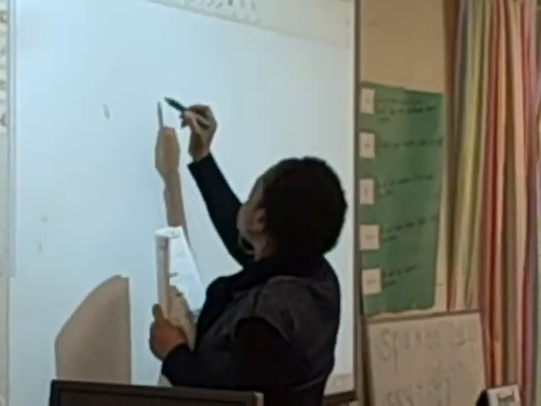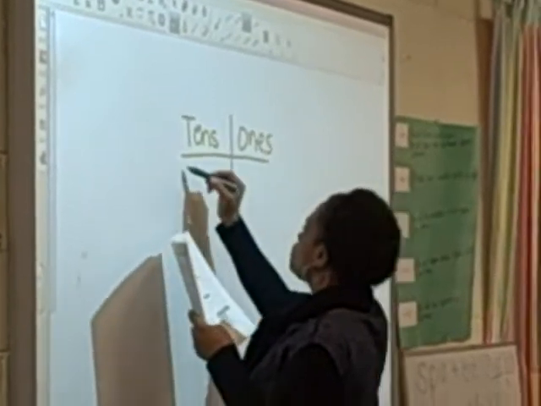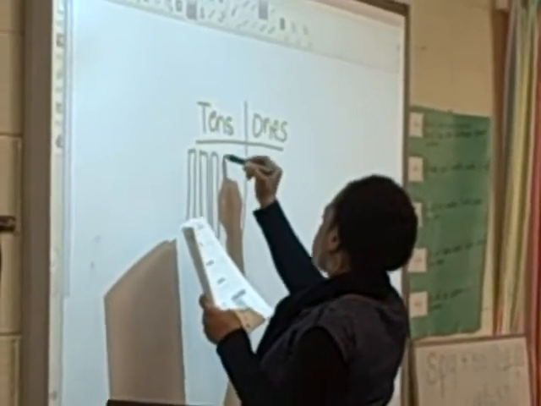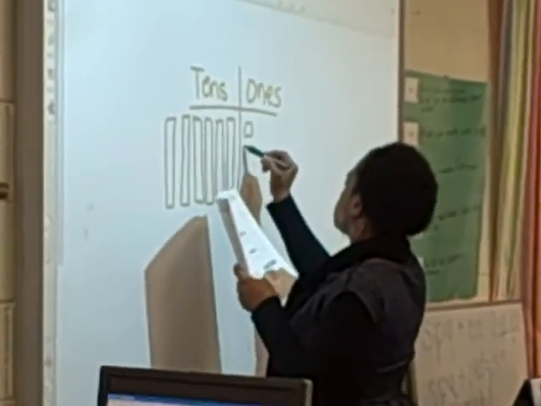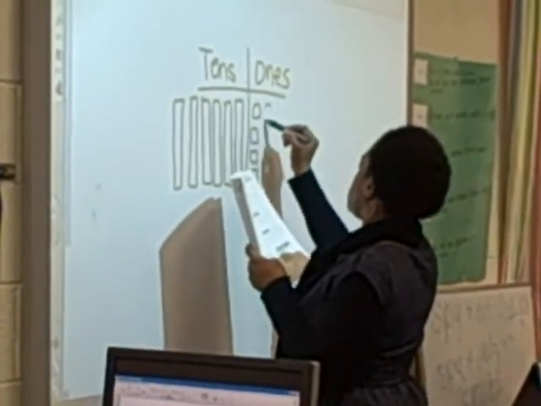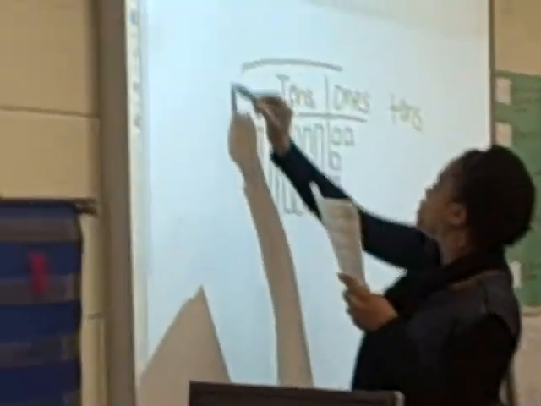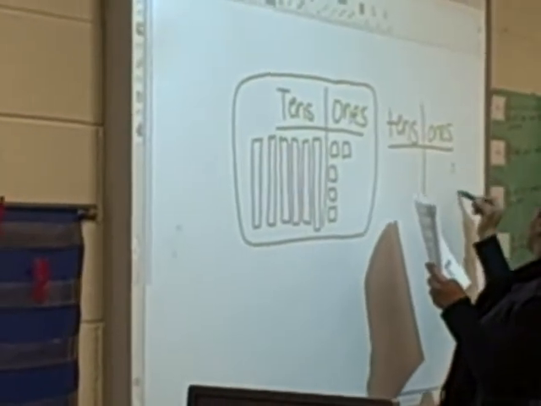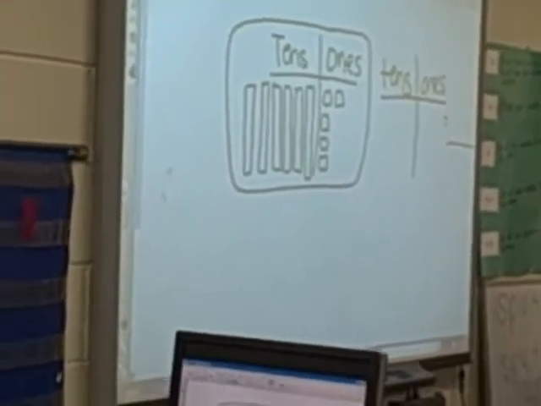So if I have... How many tens do I have? Number 3.